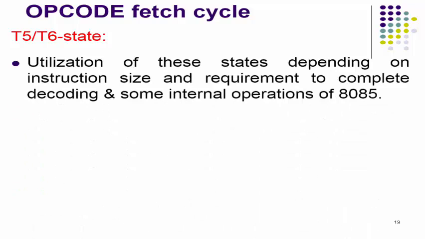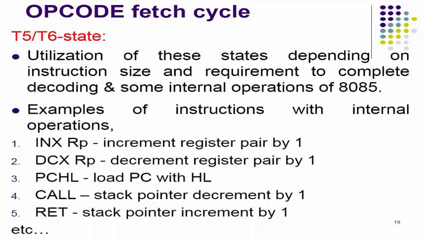At that time, if the next byte or operand is available, then it enters the operand fetch cycle to complete instruction fetching. If it doesn't require T5 and T6 states, it will go to the next machine cycle.